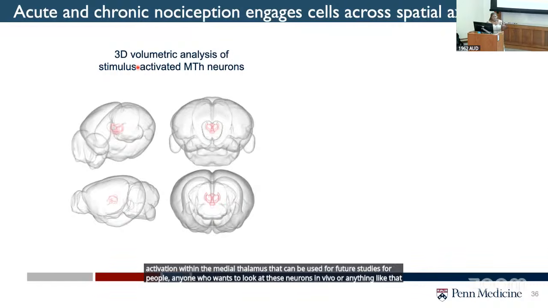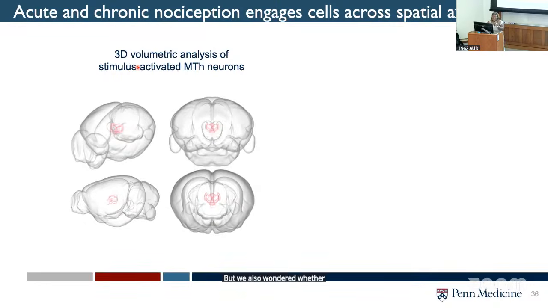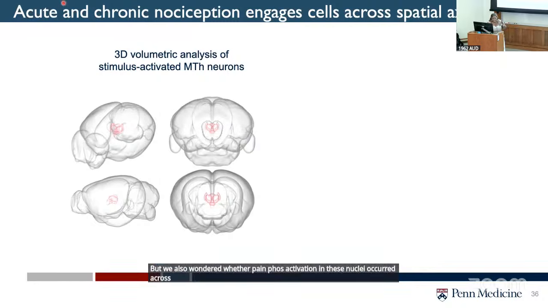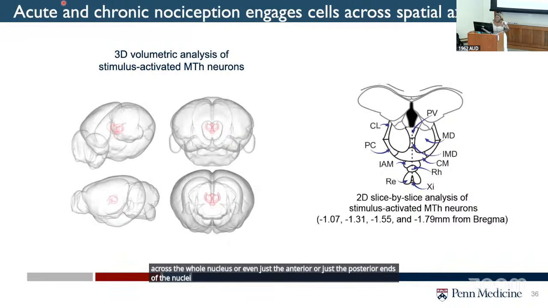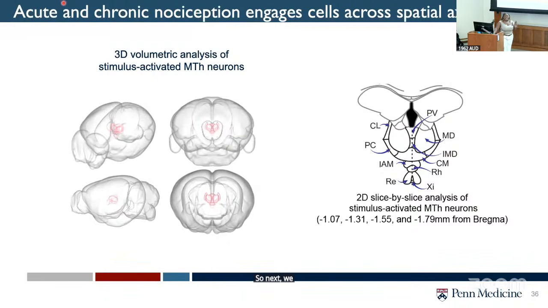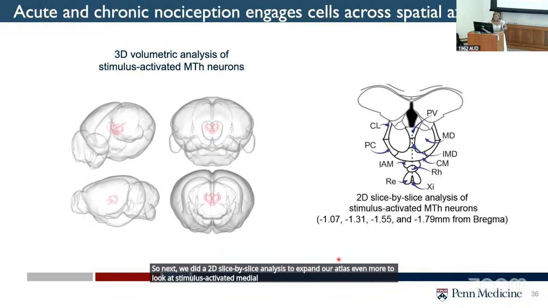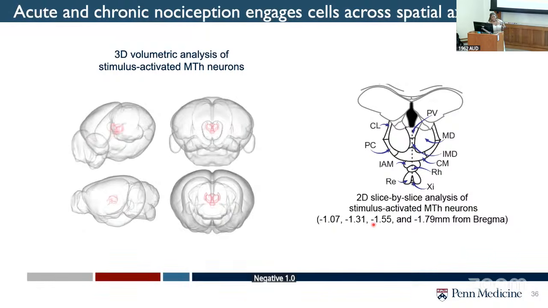But we also wondered whether pain FOS activation in these nuclei occurred across the whole nucleus, or even just the anterior or just the posterior ends of the nuclei. So next, we did a 2D slice-by-slice analysis to expand our atlas even more to look at stimulus-activated medial thalamic neurons at 4 different coordinates in the medial thalamus: -1.07, -1.31, -1.55, and -1.79 millimeters from bregma.